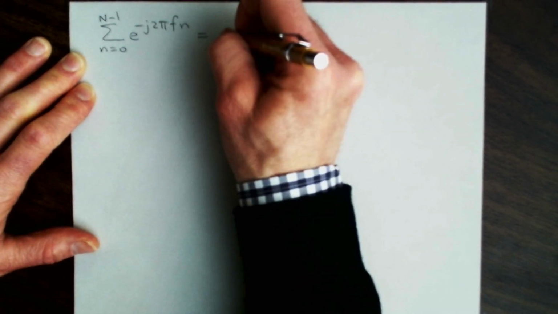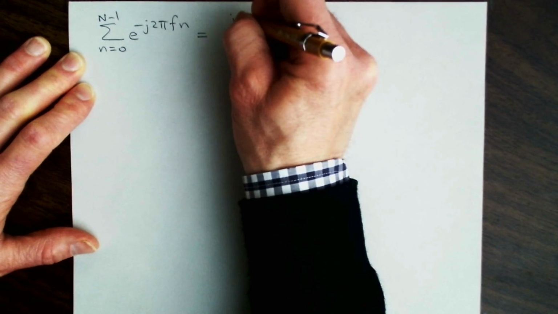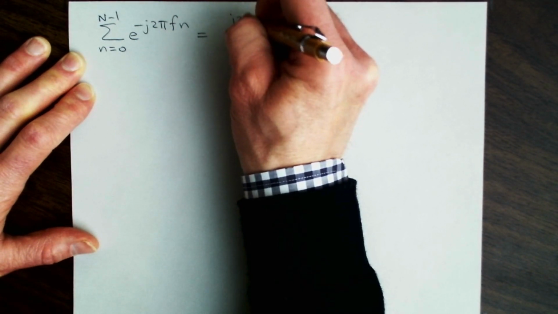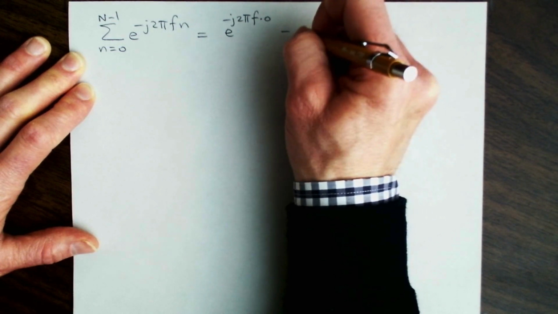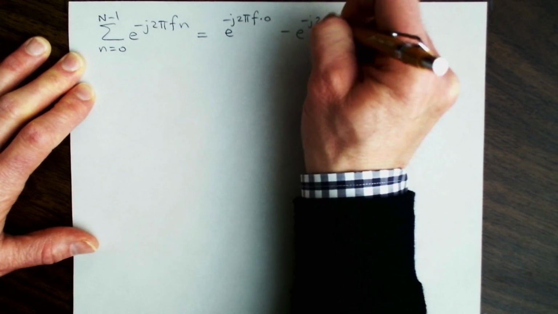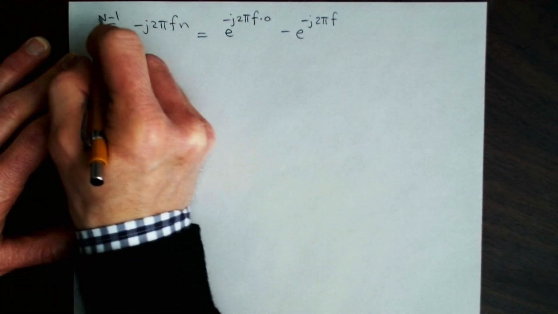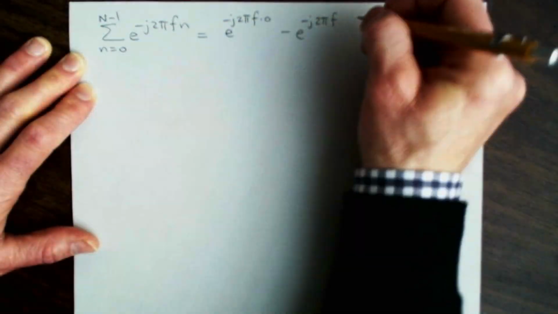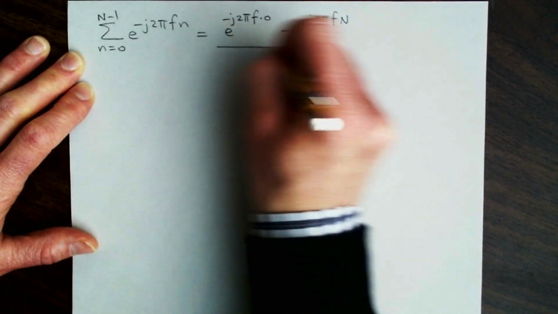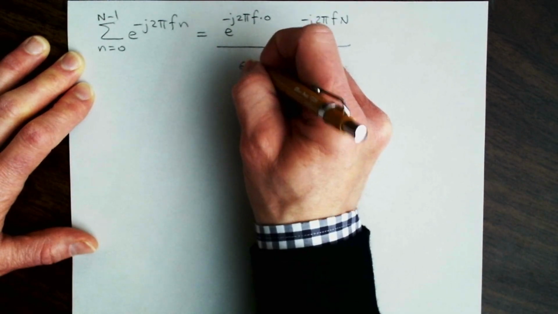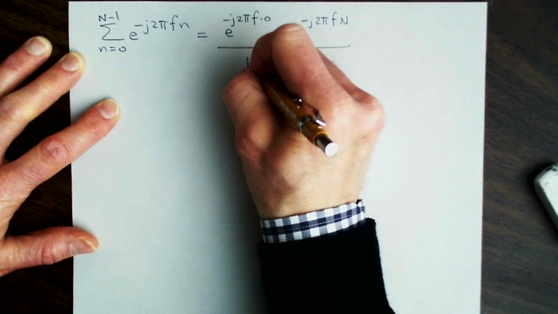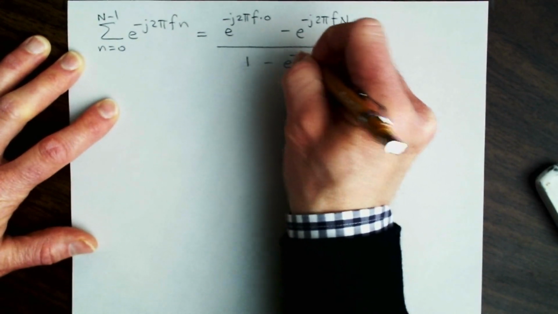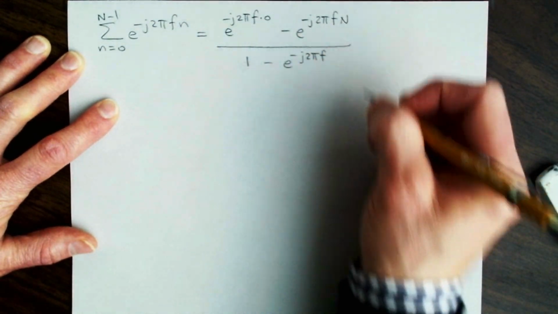Using our formula, we have e to the minus j 2 pi f times 0 minus e to the minus j 2 pi f times the upper limit plus 1, so that would be n, divided by 1 minus e to the minus j 2 pi f.